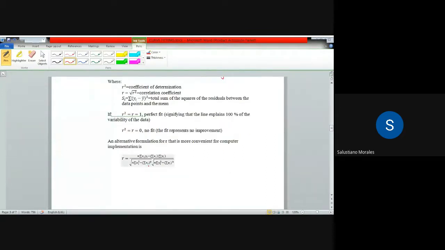We have also another alternative formula for the computation of R that is more convenient for computer implementation. So R is equal to this.